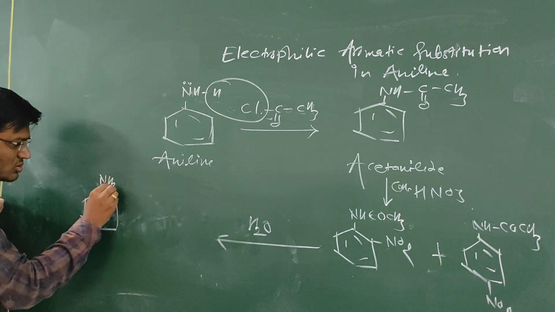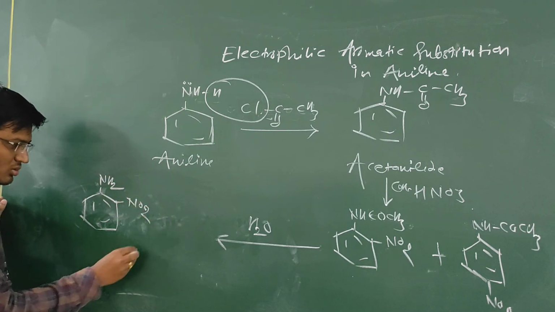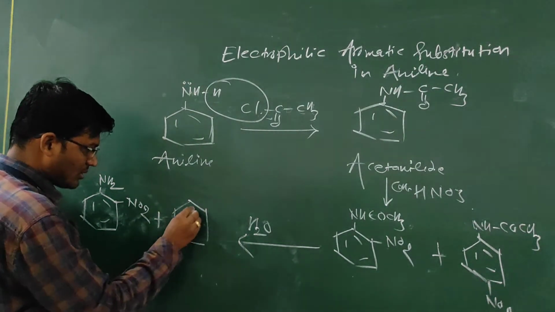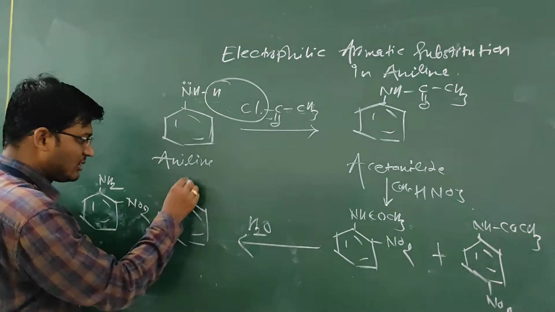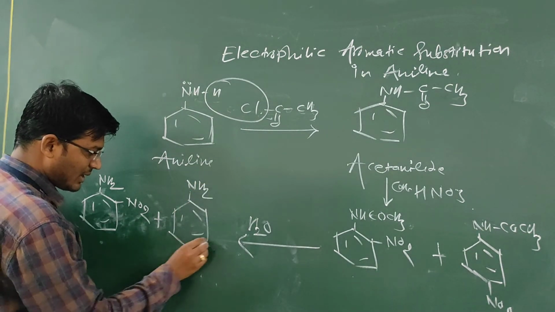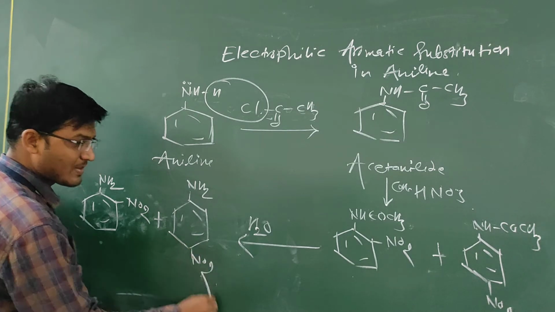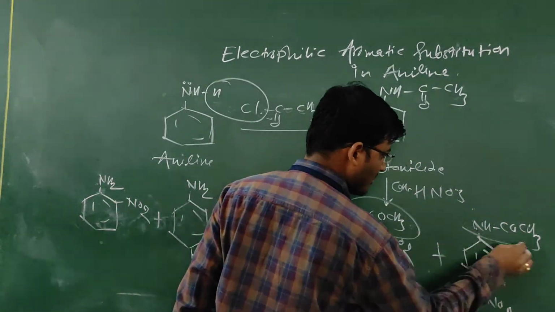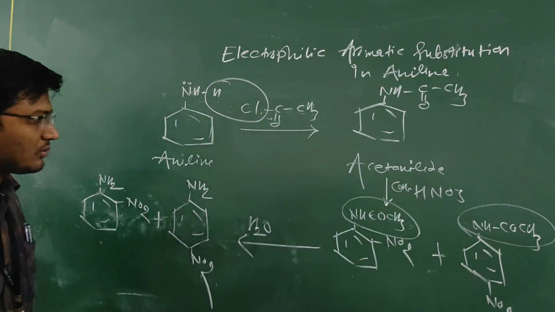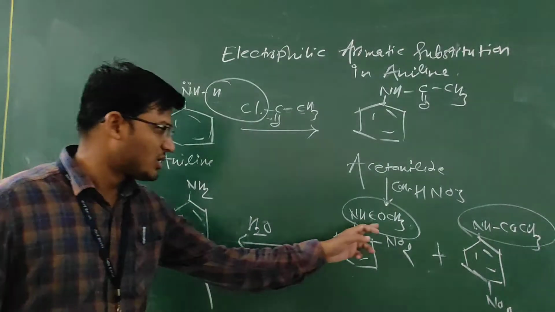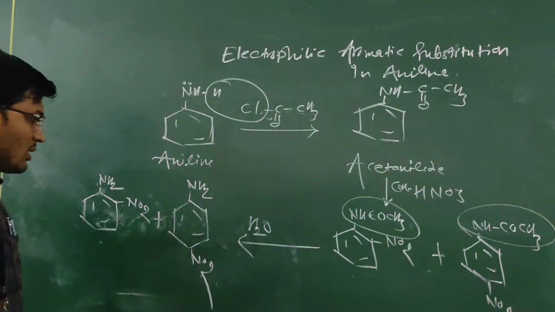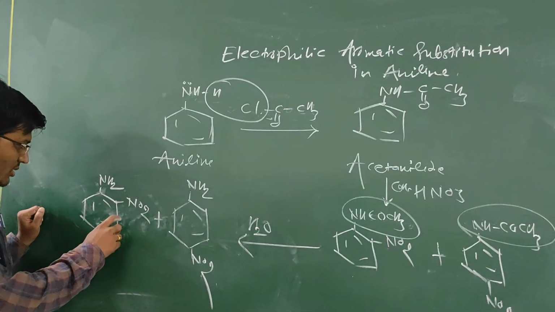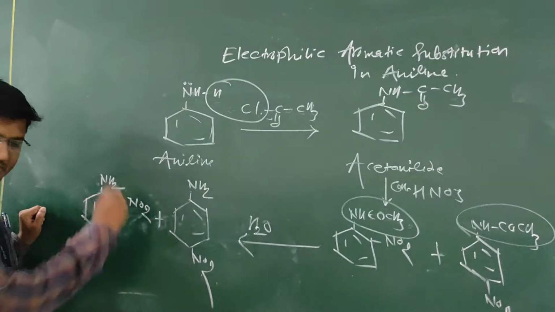This is the NH2 with NO2, the ortho-nitroaniline, plus the para-nitroaniline. The NHCOCH3 group undergoes hydrolysis and forms aniline, forming ortho-nitroaniline and para-nitroaniline.